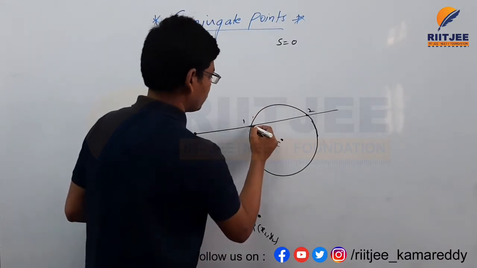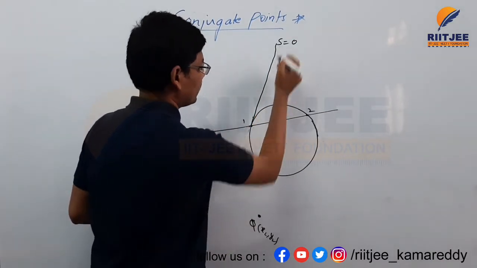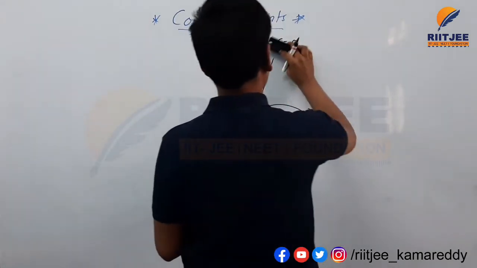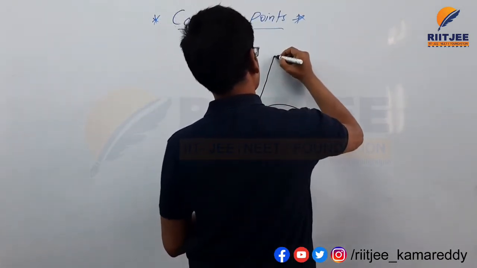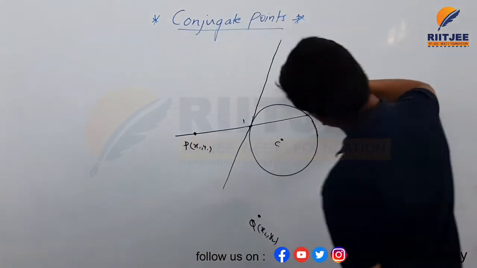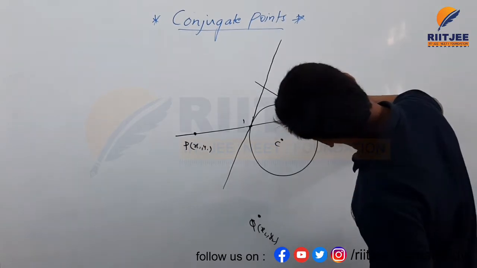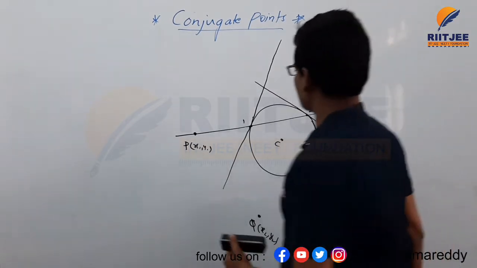Here the tangent should touch the circle at one point, and this is tangent 1, and this is one more tangent.